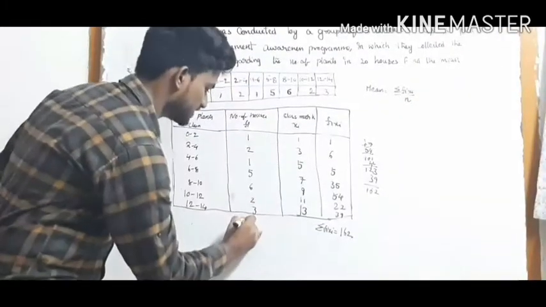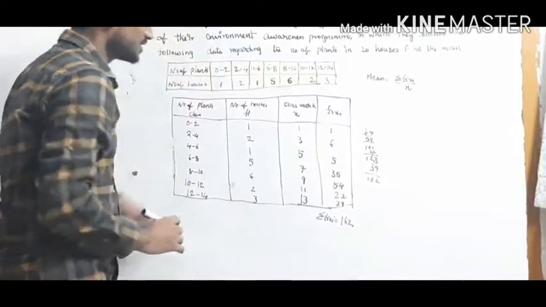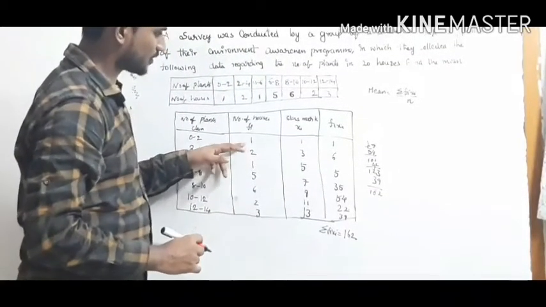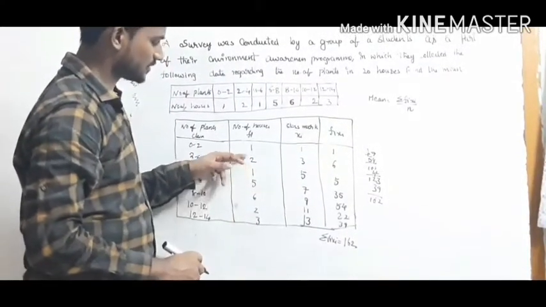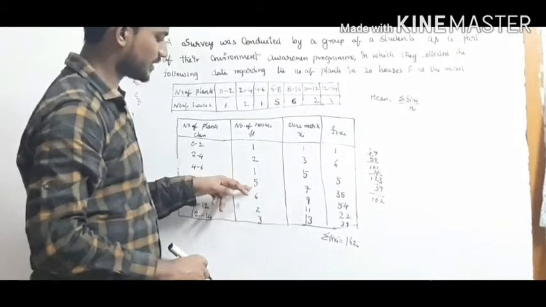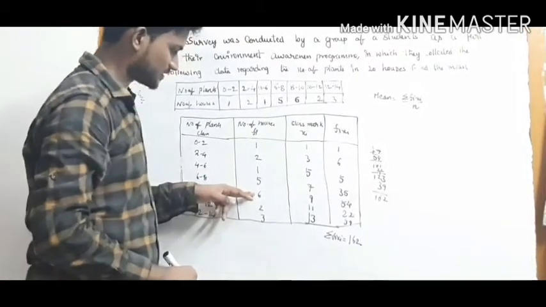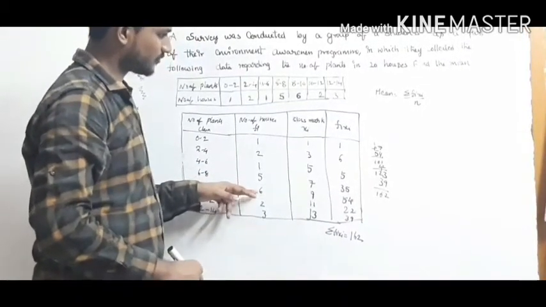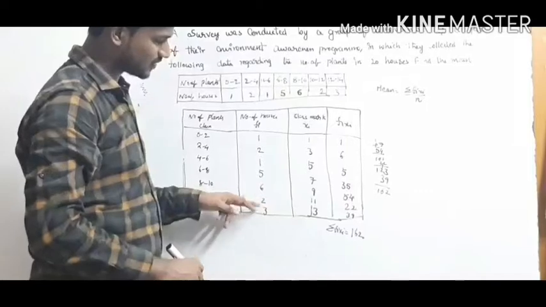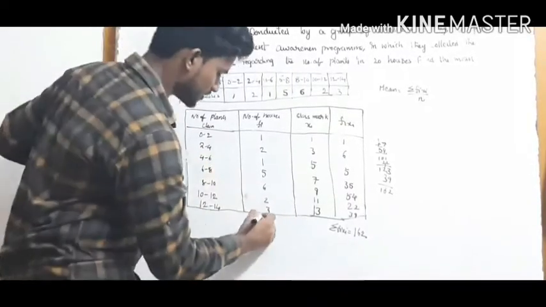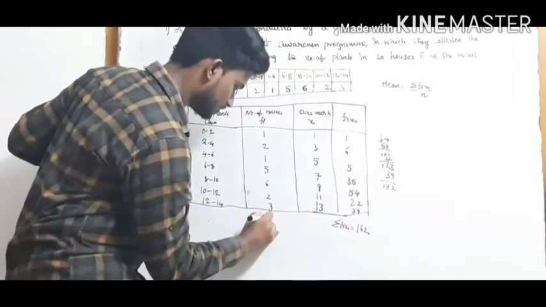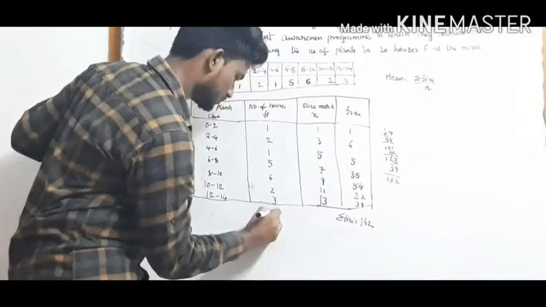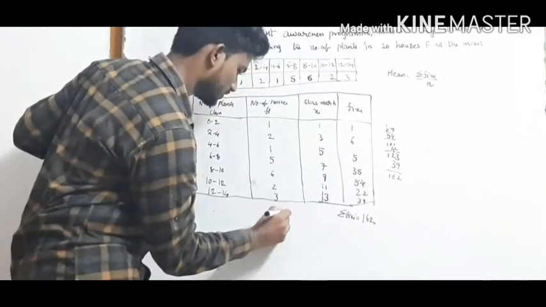Now find n. N is the number of observations, the sum of the frequencies: 1 plus 2 is 3, plus 1 is 4, plus 5 is 9, plus 6 is 15, plus 2 is 17, plus 3 is 20. N equals 20.